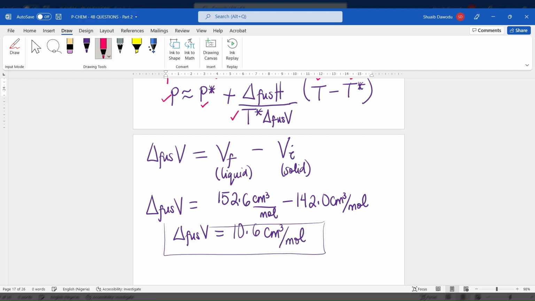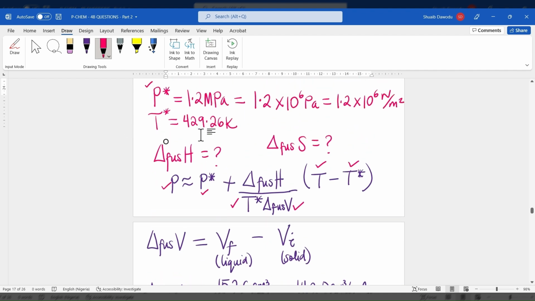Now that we have this information, we can input all of our values in the actual formula in order to solve for the enthalpy of fusion. But before we do, I want to quickly mention something. Even though we can often just input values into a formula to solve it, that is not all that is necessary. You still need some level of brain power.